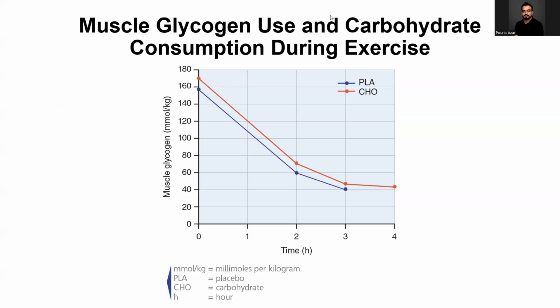For the carbohydrate or treatment group, the muscle glycogen levels decrease just like the placebo or control group, but here in the placebo group at time 3, the muscle glycogen levels decrease stops, but for the control group it continues. So this is a really interesting study, I guess.